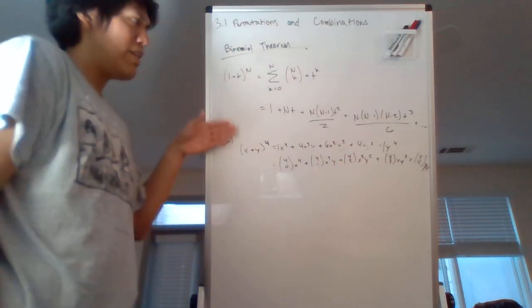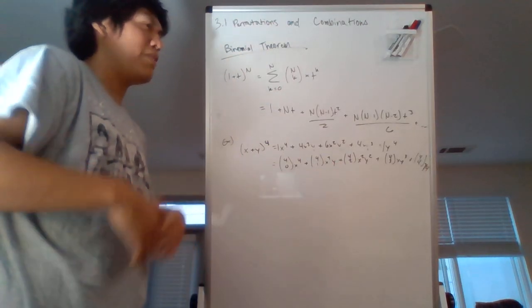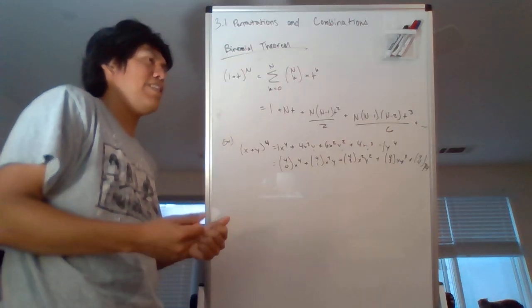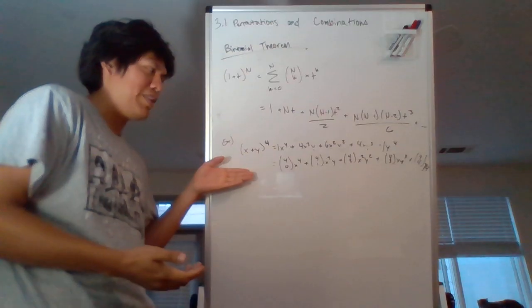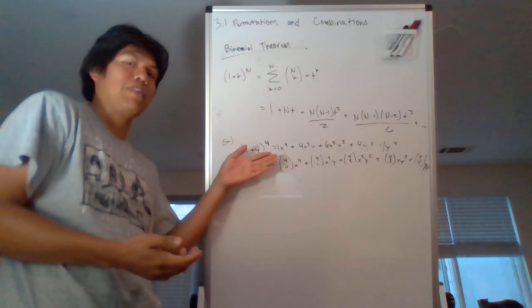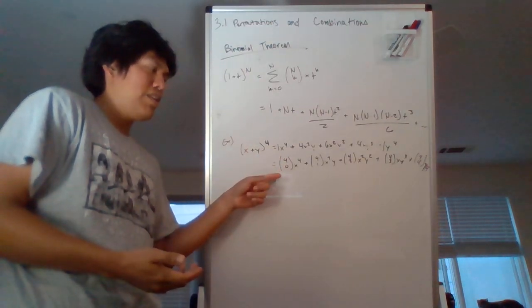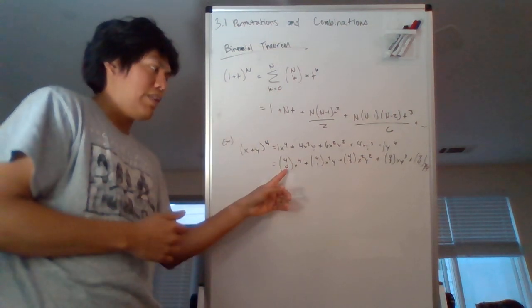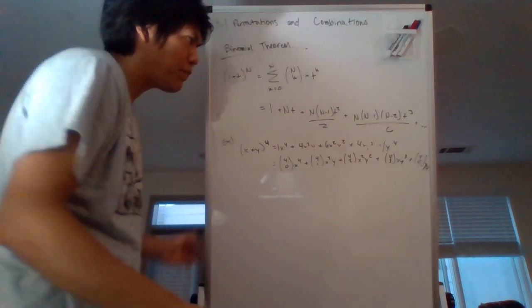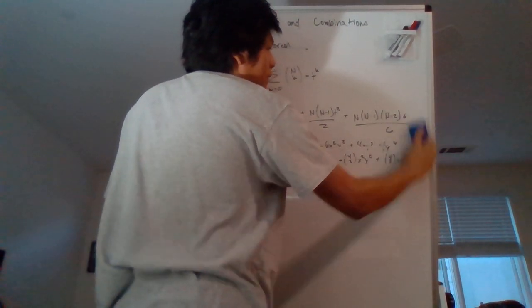This is not exactly using the binomial theorem to its fullest extent, but it's showing us again how these coefficients come to be in relation to the combination equation that we did earlier. And again, that's where the coefficients come from. Okay.